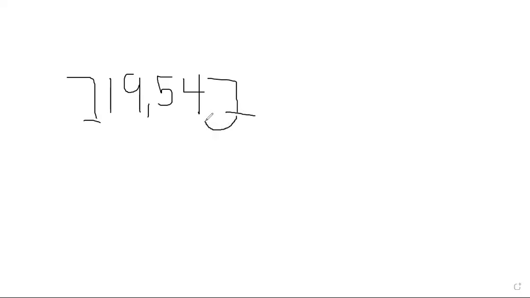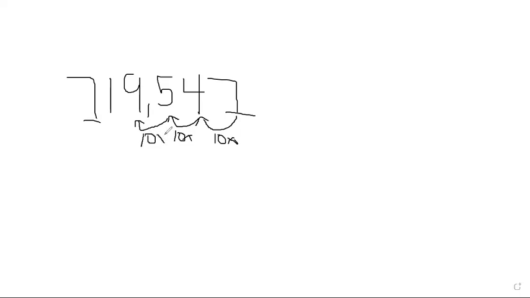So I'm going to move it from the ones to the tens, and that's 10 times. I'm going to move it from the tens to the hundreds, and that's 10 times. Then I'm going to move it from the hundreds to the thousands, and that's 10 times.